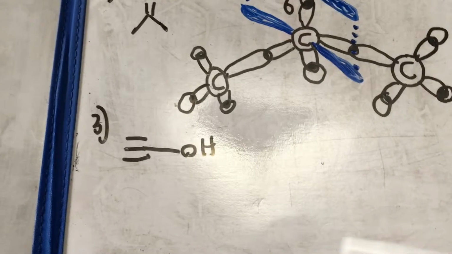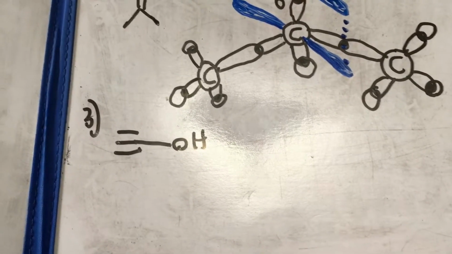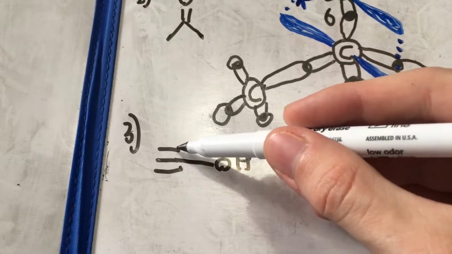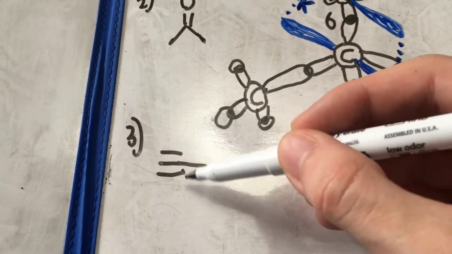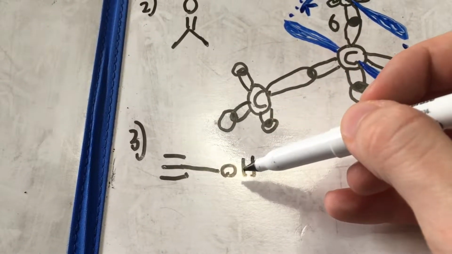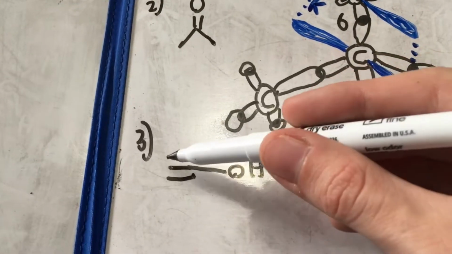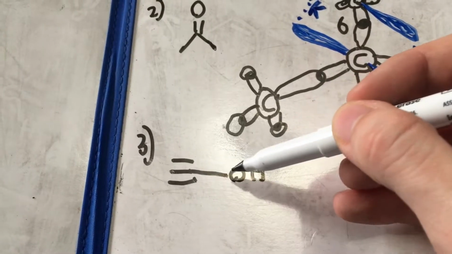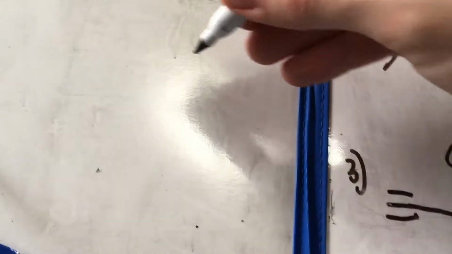Now this last one, our alkyne triple bond, we want to be careful here, because this right here is not just one big line that's triple bonded to oxygen. This is a carbon triple bonded to another carbon with a single bond to hydrogen.